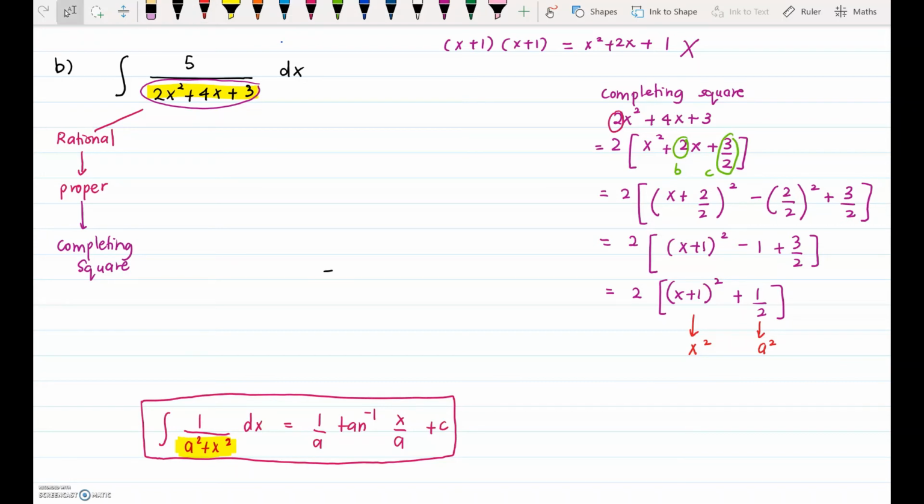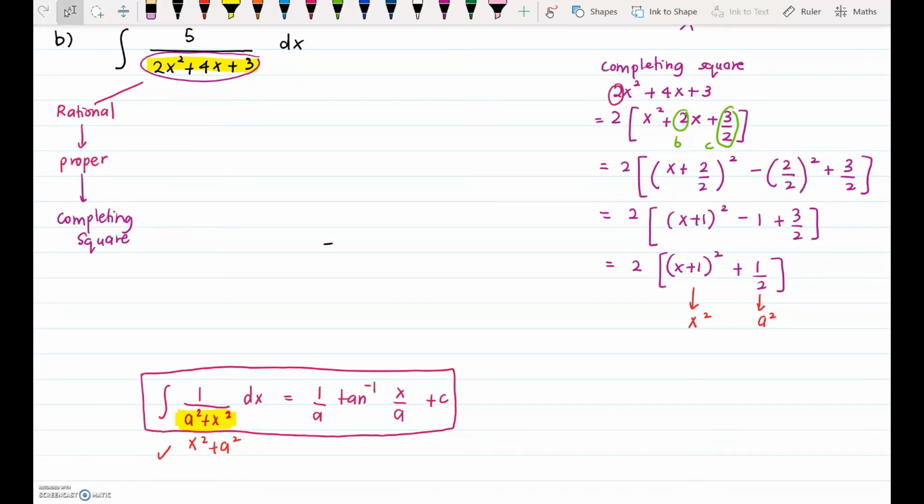Either x squared plus a squared or a squared plus x squared, it is the same. So you have x squared is x plus 1 squared, and then your a squared is 1 over 2.